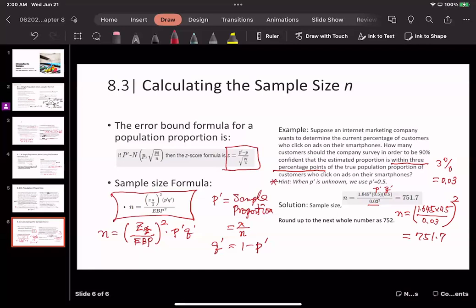Then remember to round up to 752, a whole number, as the sample size.